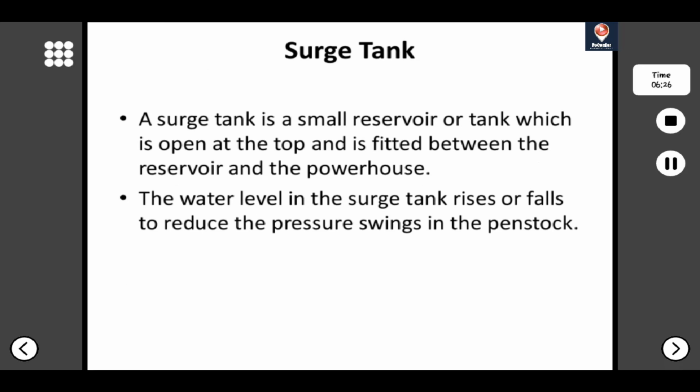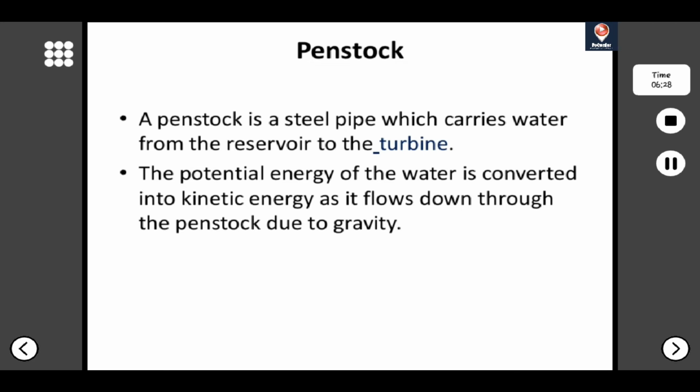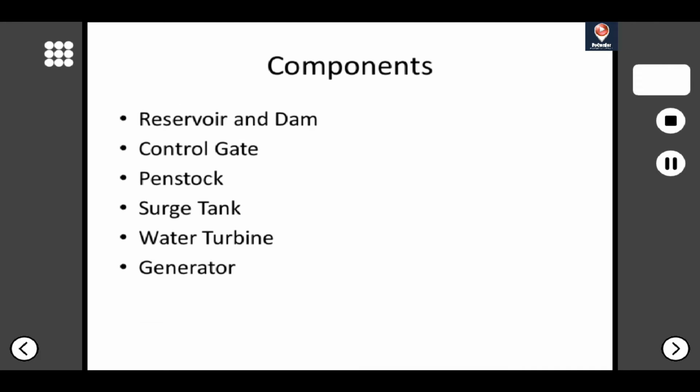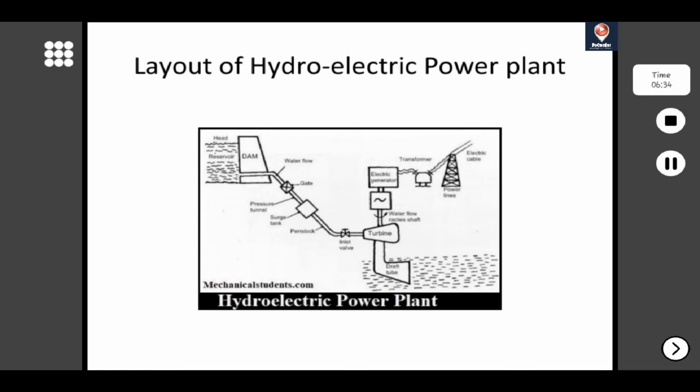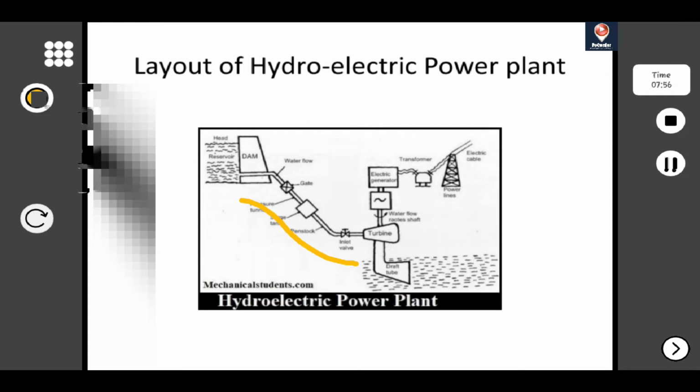The next important component we are using is the penstock. The penstock is nothing but the pipe we are using between the dam and the turbine. The main important working is carried out in this penstock.